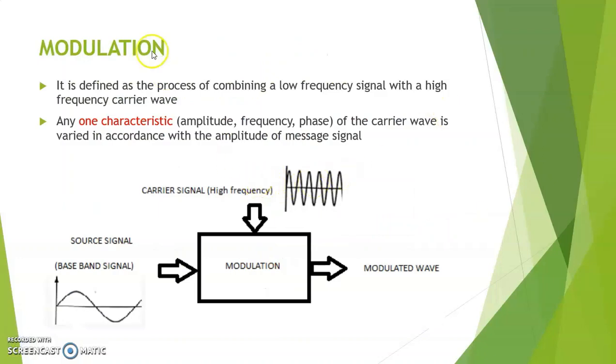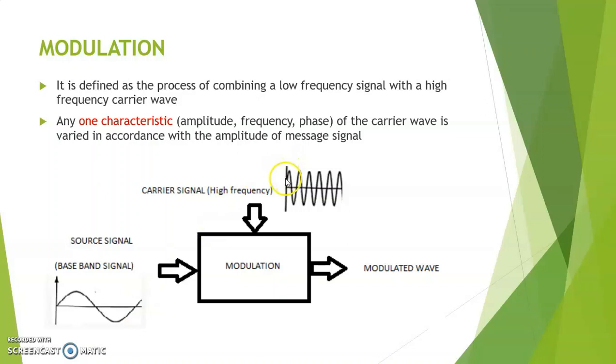In the previous slide, we saw a process called modulation. Modulation is nothing but combining a low frequency signal with a high frequency signal. This low frequency signal is the actual signal which we have to transmit from source to destination, and this is called the source signal or baseband signal. But this signal does not have enough energy to carry a message signal, and also because it is of low frequency, it can be affected by other noises.